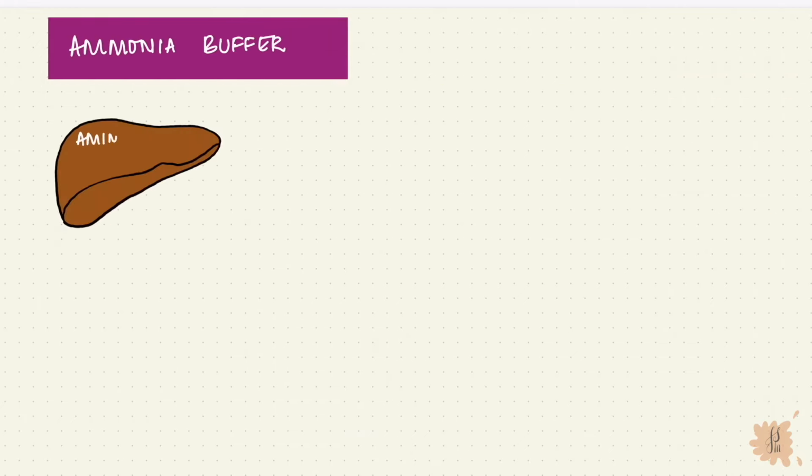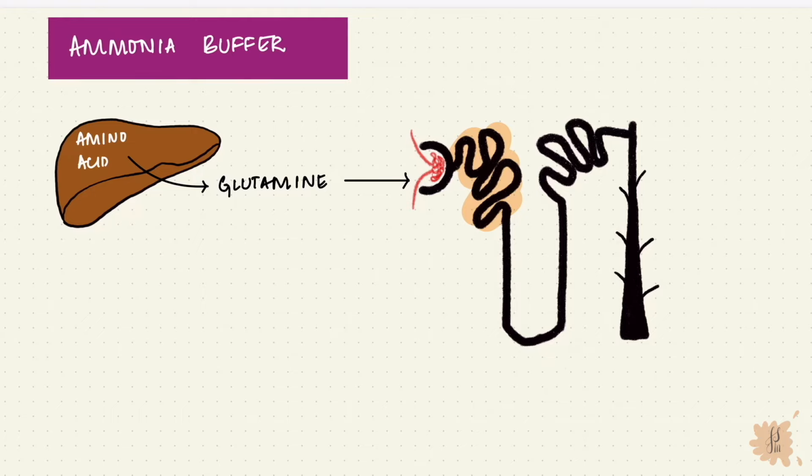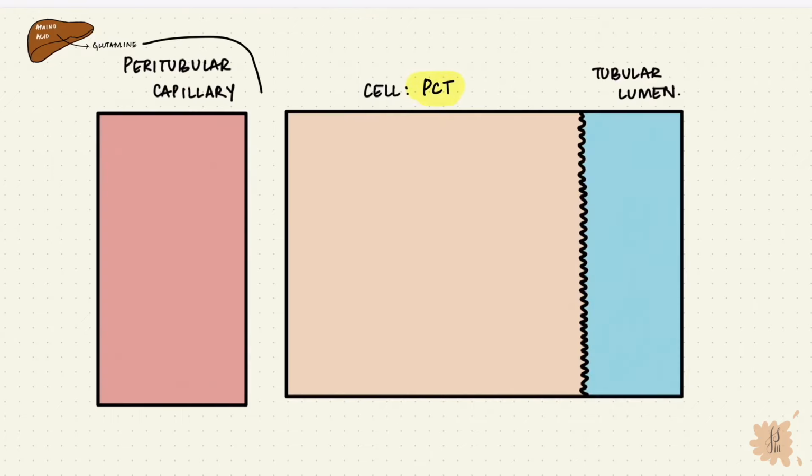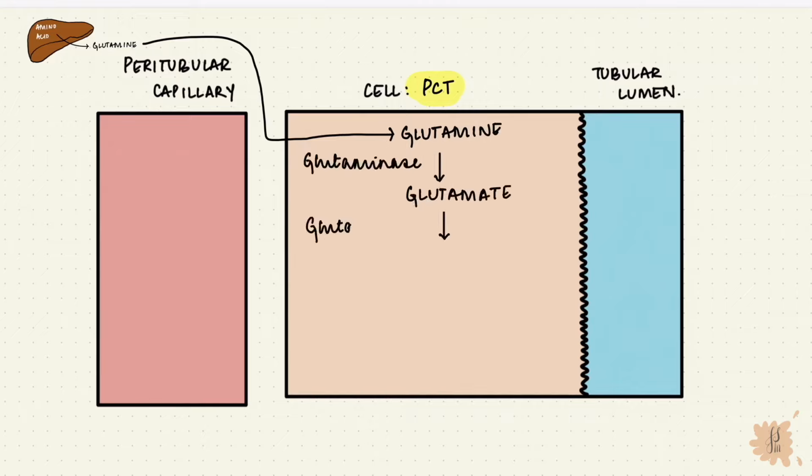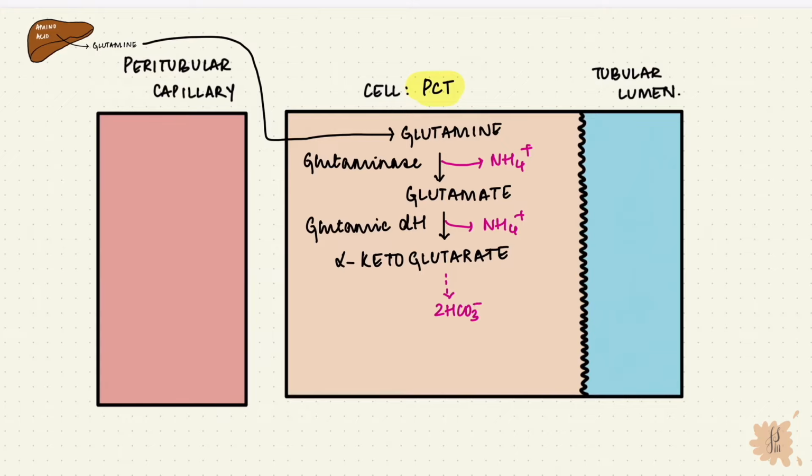Amino acids get metabolized in the liver and form glutamine. In the PCT, glutamine gets taken up by diffusion down its concentration gradient. By glutaminase, it becomes glutamate, and by glutamic dehydrogenase, it forms alpha ketoglutarate. Each of these steps releases an ammonium ion, and further metabolism of this alpha ketoglutarate produces two bicarbonate ions.